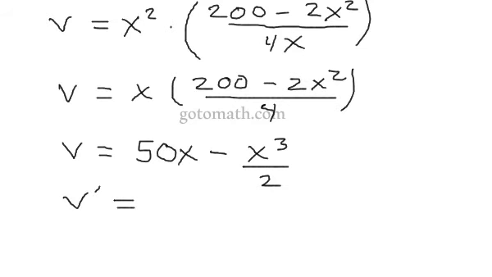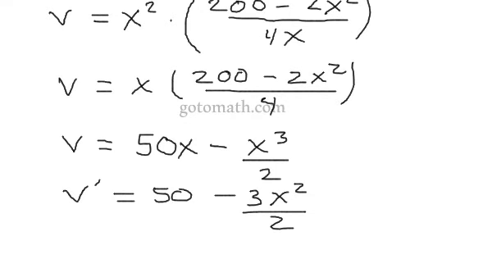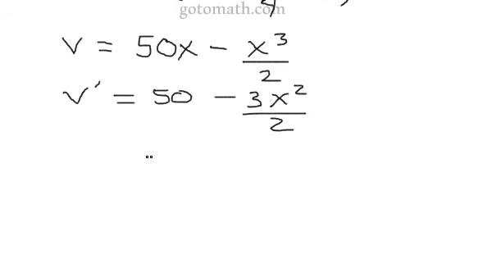So v prime is equal to 50 minus 3x squared over 2. We want to set this equal to 0 and solve for x.